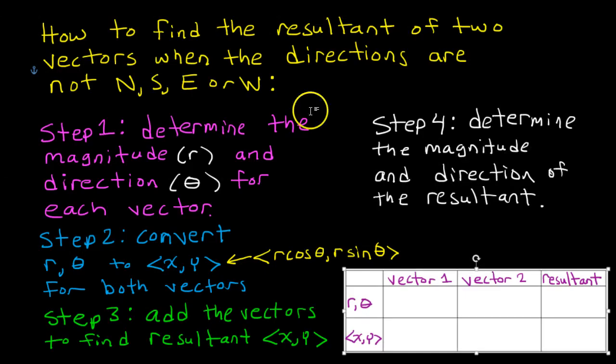So let's stop and think about what we've done so far. Step one was to determine the magnitude and direction for each vector. We've now done that. Step two, it's time to convert the magnitude and direction to component form, x, y, using the little formula r cosine theta, r sine theta. So that's what we're about to do now, component form for both vectors.